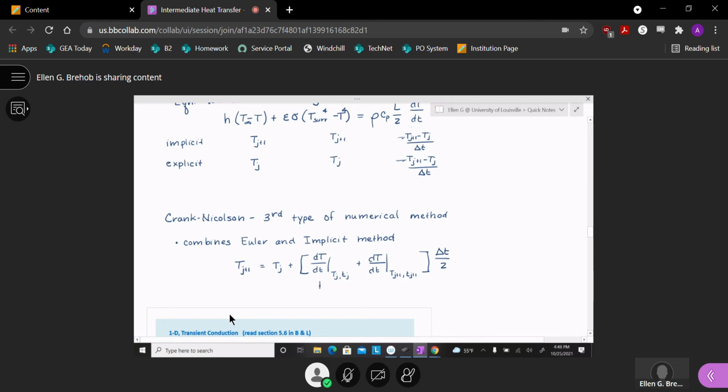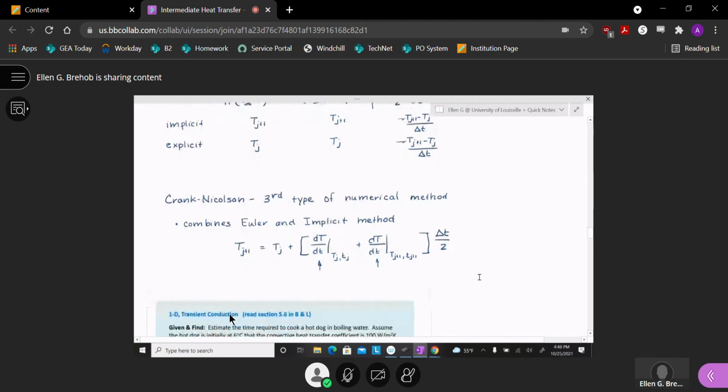So this is the slope I'd get if I looked at the explicit version. This is the slope I'd get if I looked at the implicit solution to the equation. You average those two, so I'm multiplying by the delta t over 2.